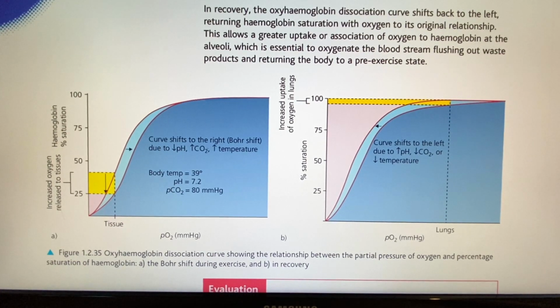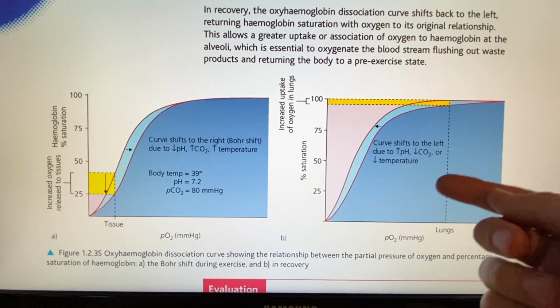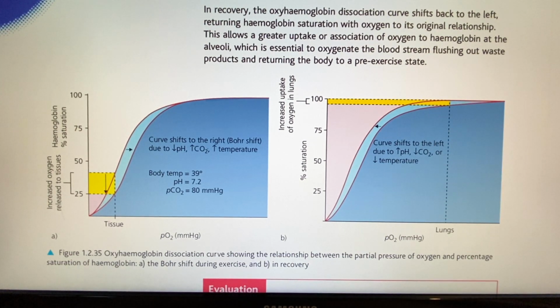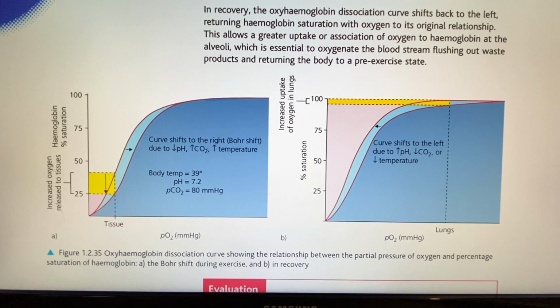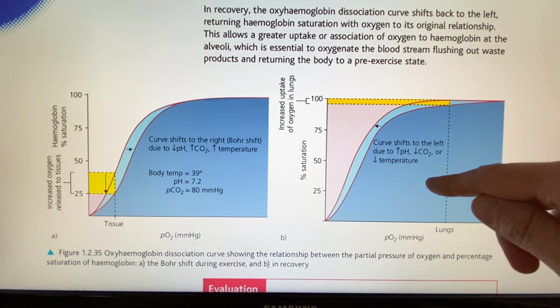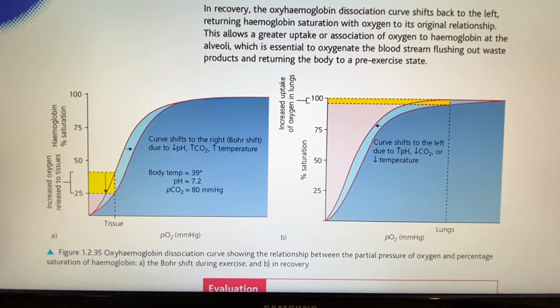What happens during recovery then is we're going to start to get pH coming back up. That's because we're no longer producing as much lactic acid or carbon dioxide, so not as much carbonic acid. We're going to get lower levels of carbon dioxide during recovery because we're not producing the waste products, because respiration's not taking place quite as intensely as it was before, and our temperature is going to start to come back down as well.